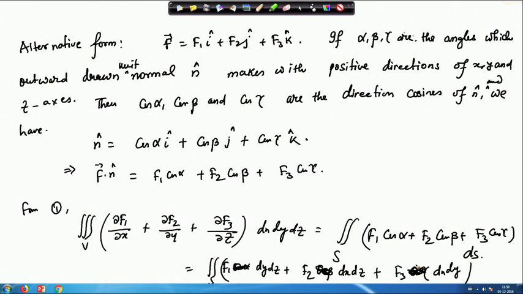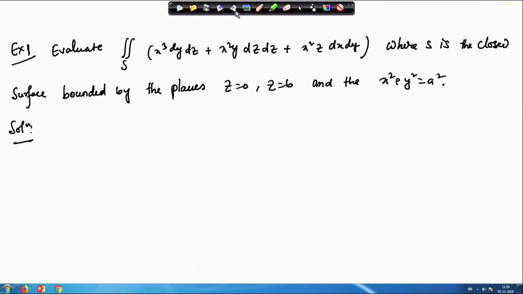Now, if I look into this function here, this is our f1, this is our f2, and this is our f3.